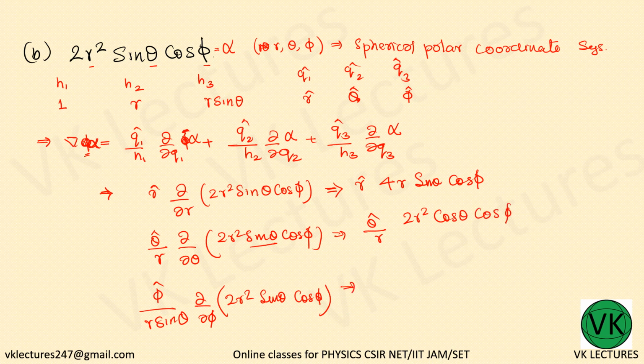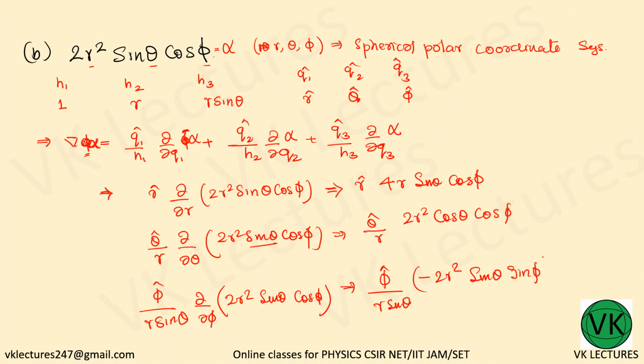This is equal to phi cap by r sin theta with respect to phi, so cos phi will become minus, so minus 2r square sin theta sin phi.